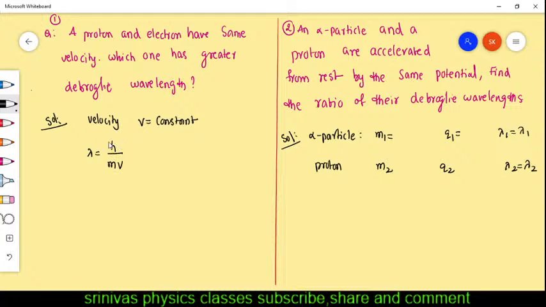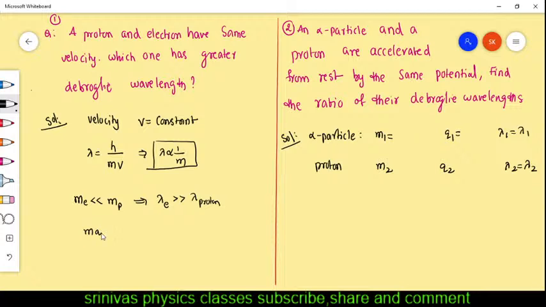Velocity constant, Planck's constant. That means the wavelength is inversely proportional to mass. Which one has the less mass? It has more wavelength, right? When you compare the mass of electron and proton, the mass of electron is much less than the mass of proton. That's why the de Broglie wavelength of electron is greater than the de Broglie wavelength of proton. Is it right? Okay.